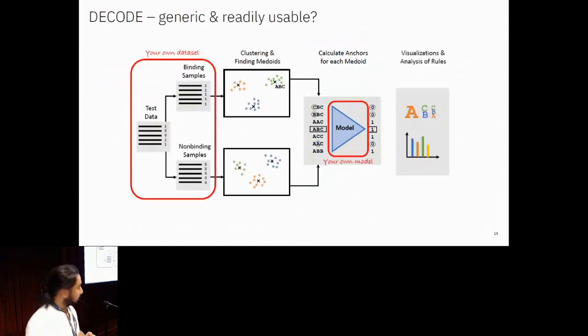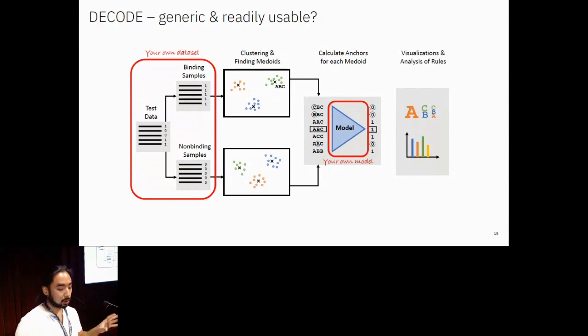So these were the details, and let's have a look now at the four claims that we made before about our pipeline. The first one being generic and readily usable, right? So this is the main part, because you want to be able to use our pipeline on top of the model that you want to understand and interpret.